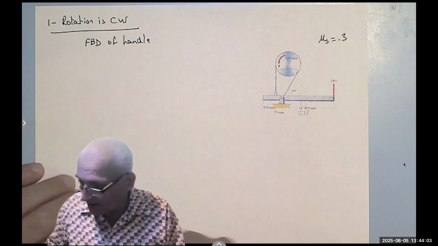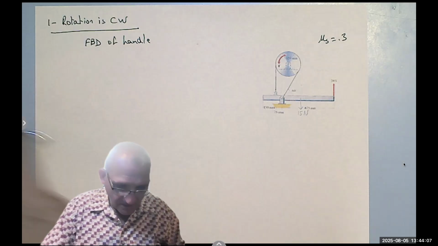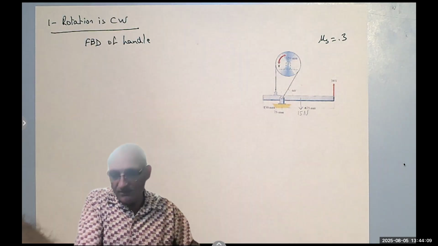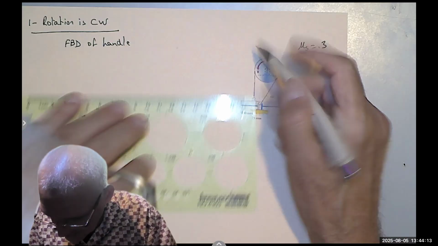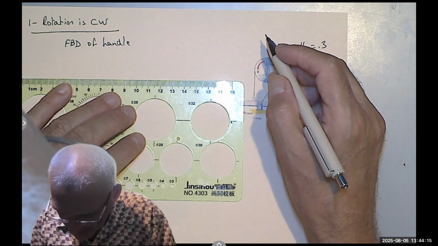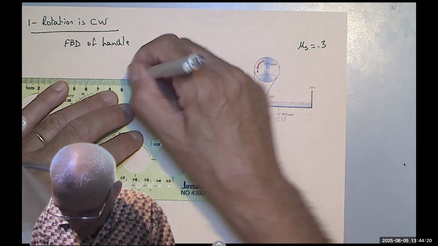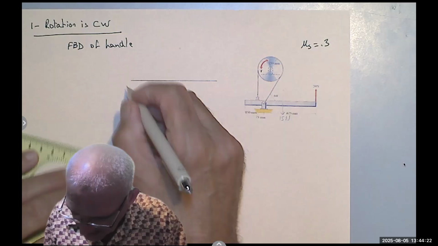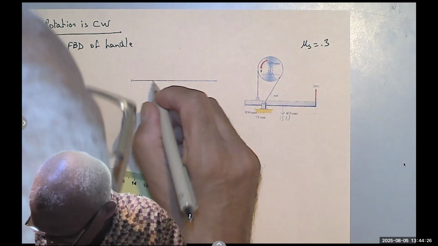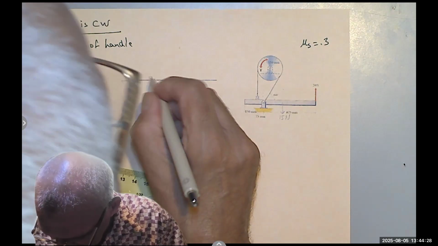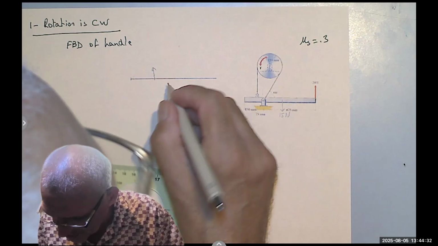Okay, so I think it's here. We have the handle. I really don't need forces in the X or the Y. I'm only going to take a moment to find out. Okay, so there is a T here. At this point, it doesn't matter.